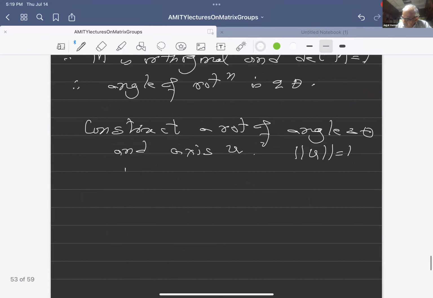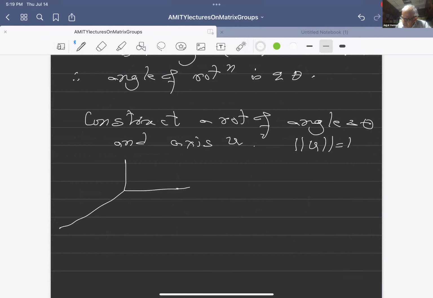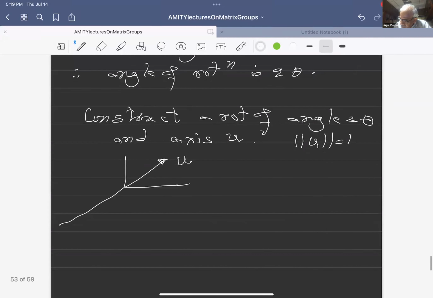I am in 3-dimensional space, and I want to construct a rotation where the axis of rotation is along this vector u, which I can assume is a unit vector, and the angle of rotation is 2 theta.